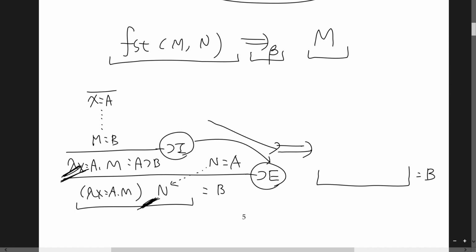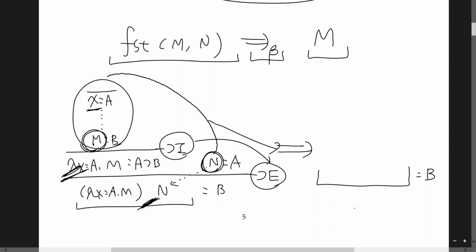So the idea is we make a copy of this proof term M, but M may contain instances of this variable X. So now we are going to substitute N for this variable X, which is safe because this type binding assumes a type A, and this proof term N happens to have the same type A.